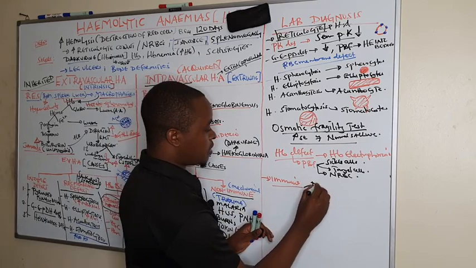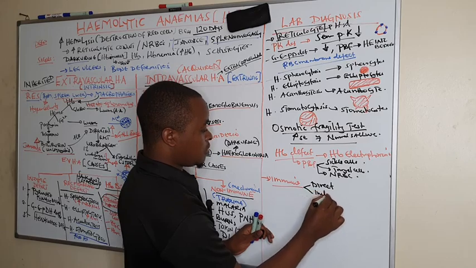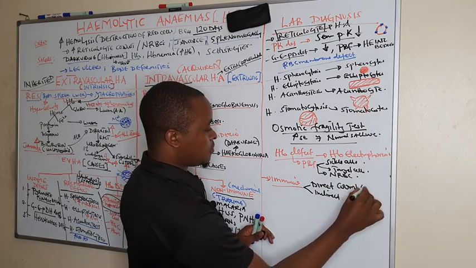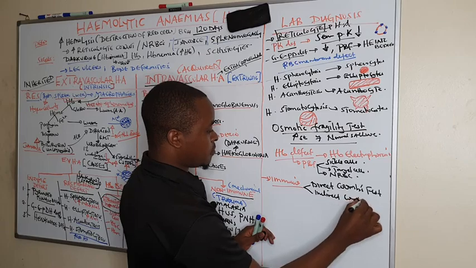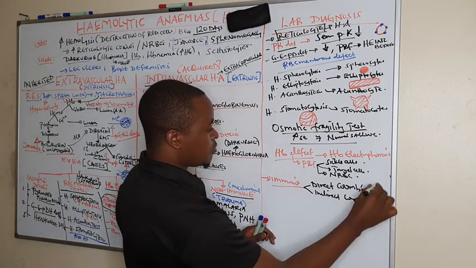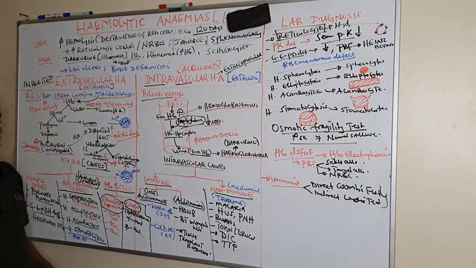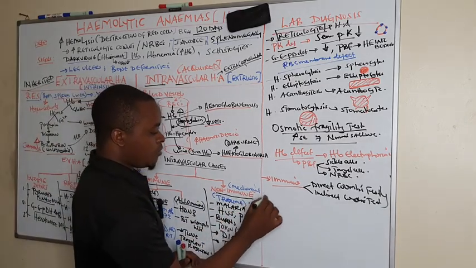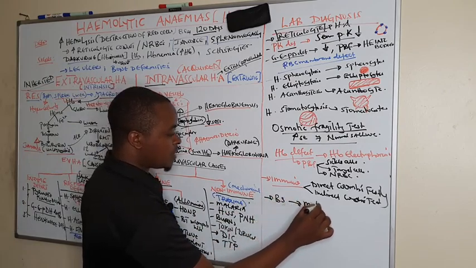We can do direct Coombs and indirect Coombs test, to rule out the presence of these autoantibodies. And if the cause is due to infection, for example malaria, we can also do a BS to rule out presence of malaria parasites.